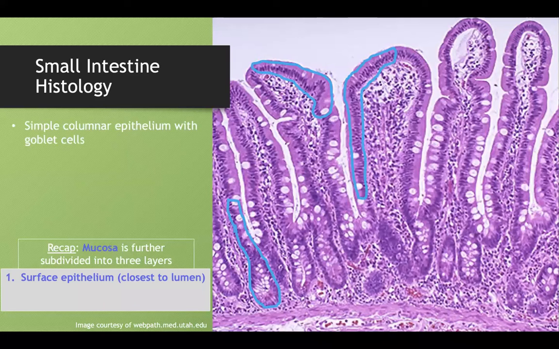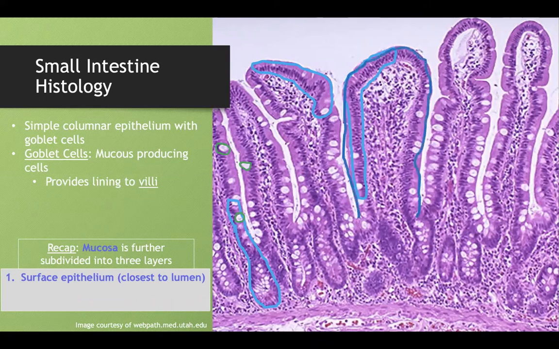The surface epithelium is made of simple columnar epithelium with goblet cells. These are the same type of goblet cells and surface epithelium that we talked about in the lower esophagus and stomach lecture. Goblet cells are mucus-producing cells, and I circled a few to the left there. The whole surface epithelium provides a lining to the villi.